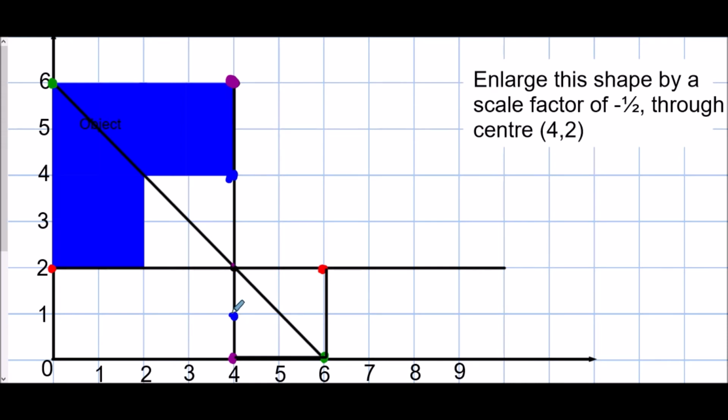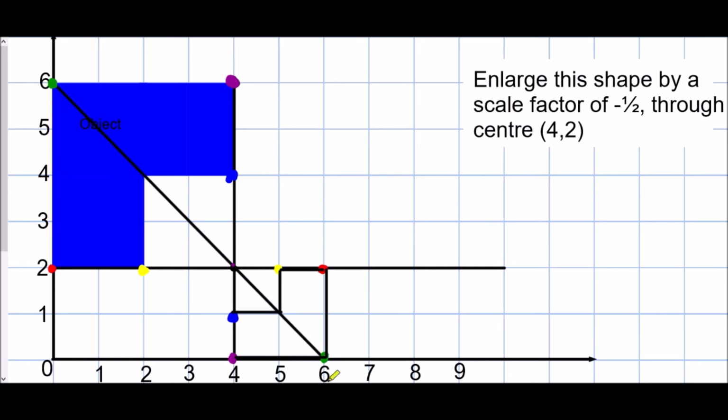And so that is going to be here. And if I think about finally this point here at (2, 2), well, that's 2 places to the left. Well, I'm going to reverse that. I'm going to go to the right, but I'm only going to go 1 place. I've now got more of the shape. And so what that's telling me is that actually this shape would now look like that.